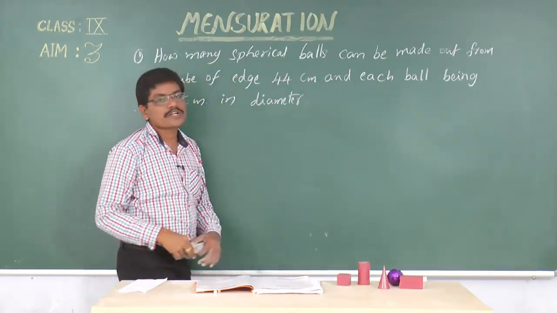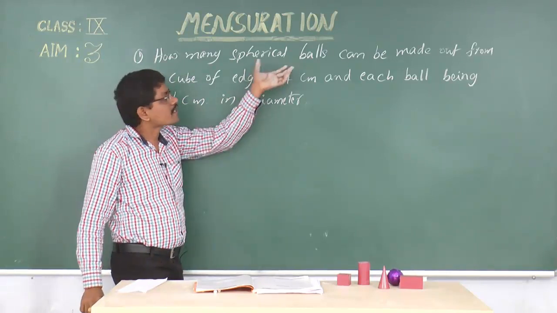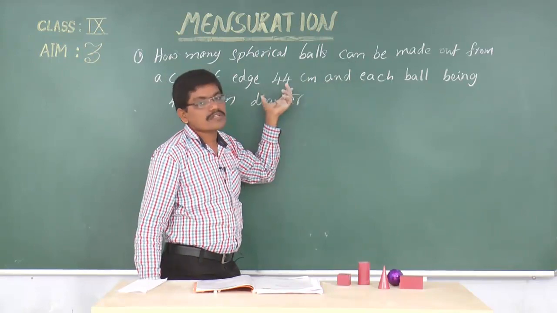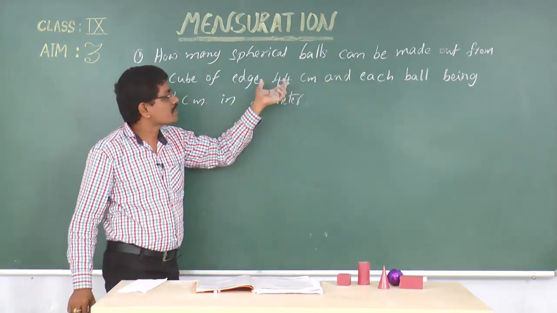So here we have to find the number of spherical balls that are possible to make from the given cube, which is a big cube.